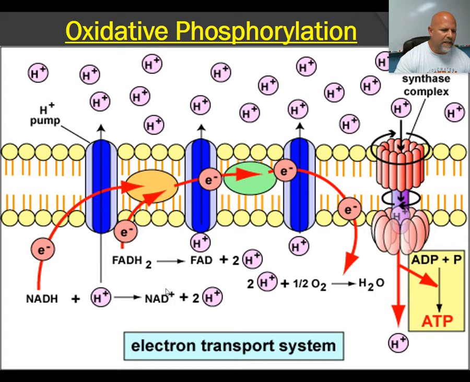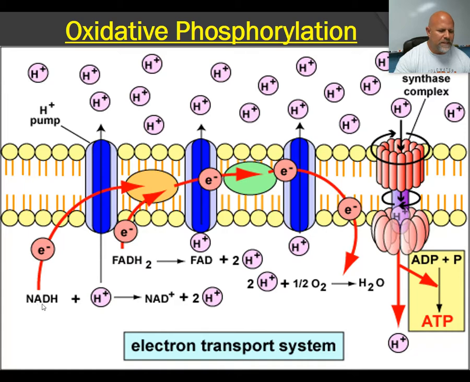So what's going on in this process? Well, the NADH is adding its high energy electrons, and its electrons are going to go through something called an electron transport chain. And in the process of going through this chain, the energy that's stored up in the electrons is going to be used to pump hydrogen out from the matrix to the inner membrane space.